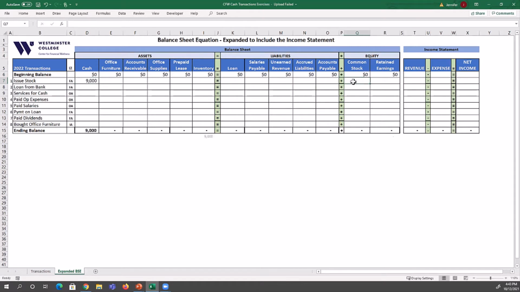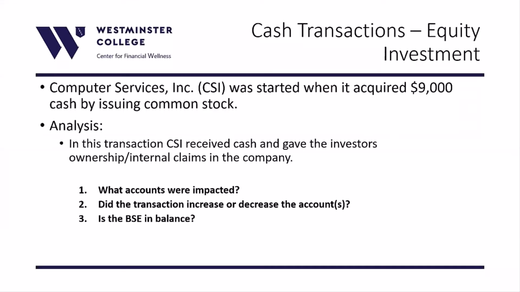Likewise, the ownership rights are increasing by the $9,000, so I'm going to put that in as a positive 9,000. Our last question is, is our balance sheet equation in balance? Yes, our assets increased by 9,000 and our equity claims increased by 9,000. So we are in balance.